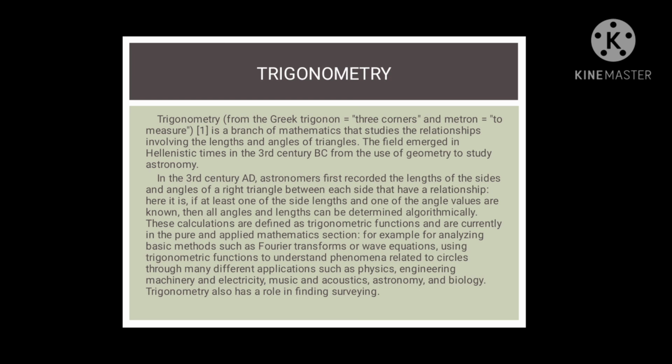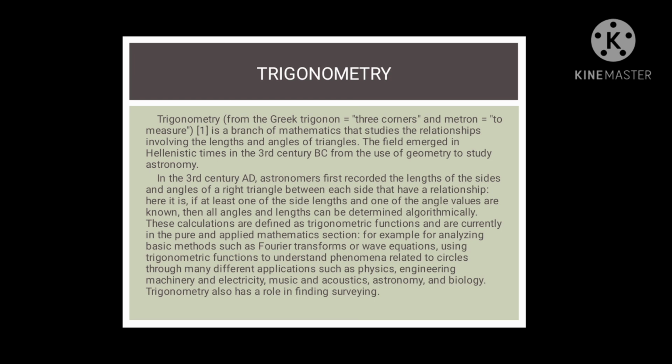Here it is: if at least one of the side lengths and one of the angle values are known, then all angles and lengths can be determined algorithmically. These calculations are defined as trigonometric functions and are currently in the pure and applied mathematics section.